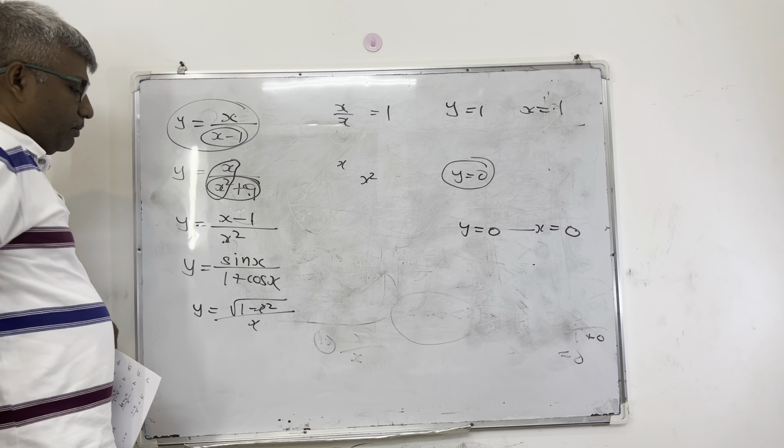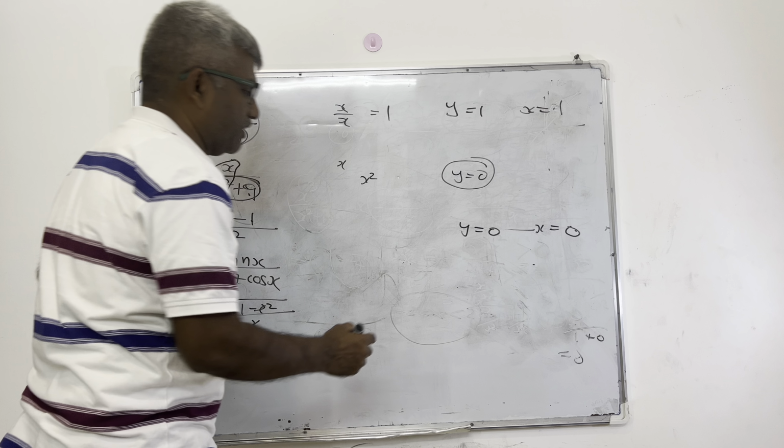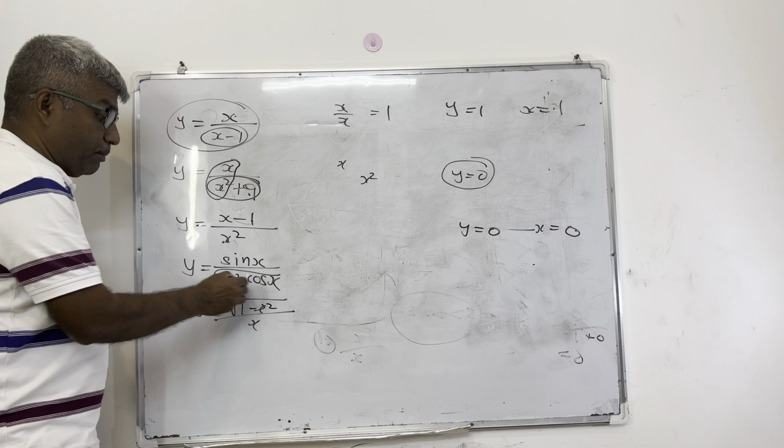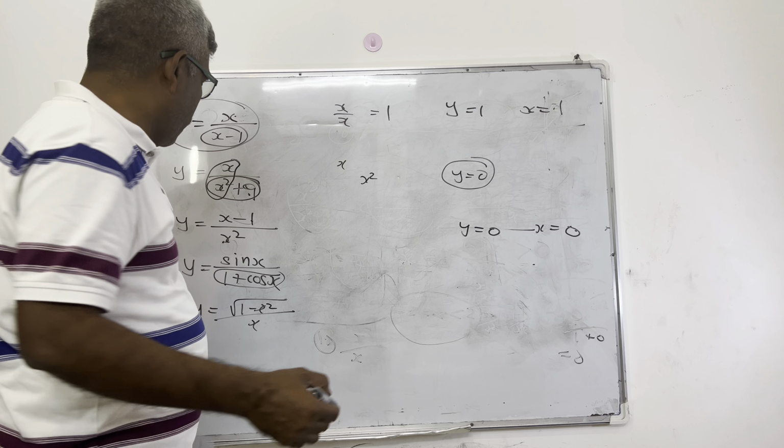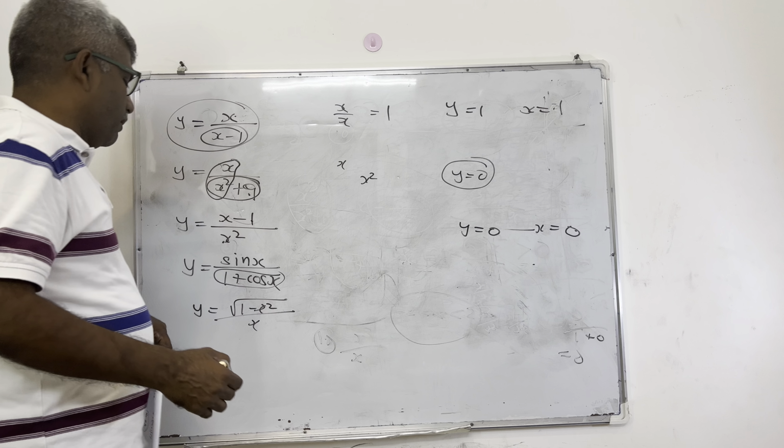Another example: sin x over 1 plus cos x. Here the denominator can be 0. If cos x comes down to minus 1, the denominator will be 0. When will cos x be minus 1? When x is pi.